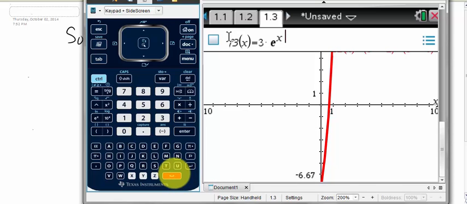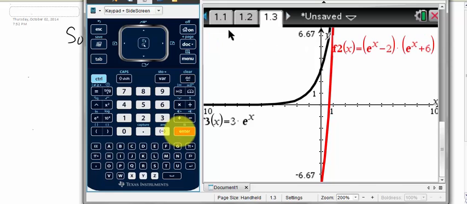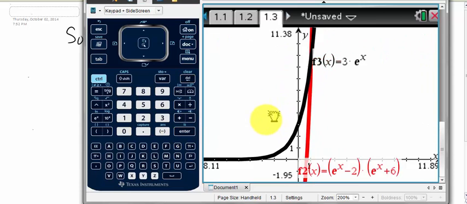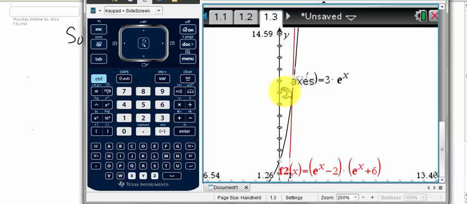And we'll graph that. And moving our graph so we can see the point of intersection right here. Guess what point that is, guys? That's the natural log of 3.